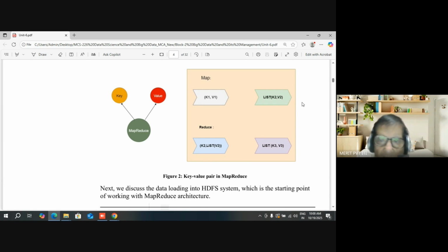So map takes a key and value, and outputs a list of key and value pairs. Reduce takes a key and a list of values, and outputs a list of key and value pairs. So these are the key value pairs in MapReduce: key K1, value V1, key K2, value V2, key K2, list of V2, list of K3, V3, and so on.